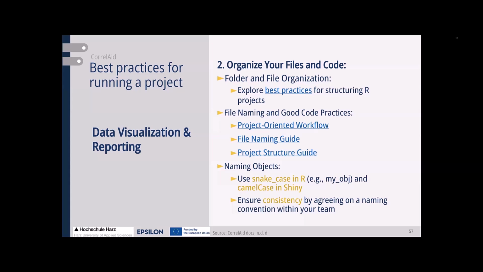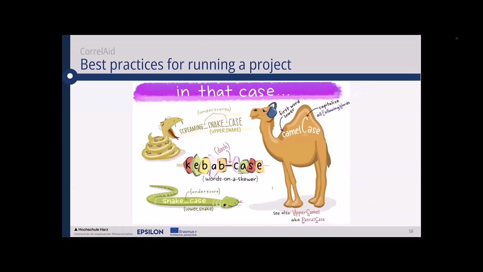So on the next slide, there's just a small graphic in order to provide some graphic about the best practices in coding, to give you a feeling what it means if you apply the snake case or the camel case. So this picture refers to the snake case, where you link all words together with a lower underscore.